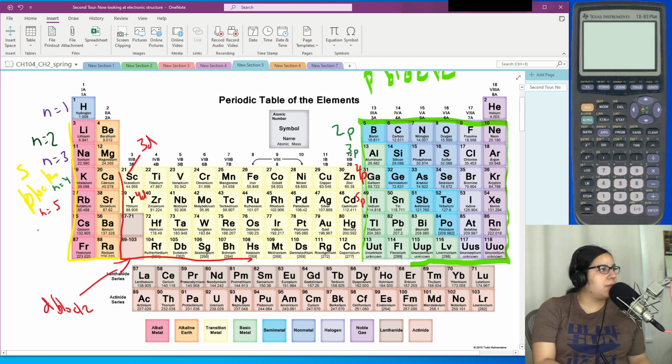Now back to n equals 6. This is 6s1, 6s2. Uh-oh. So now, where do we go from here? Now we have a few discrepancies again. And so first of all, let's figure out what this is.